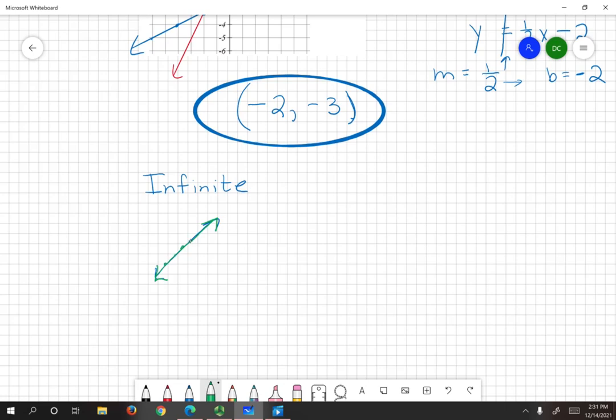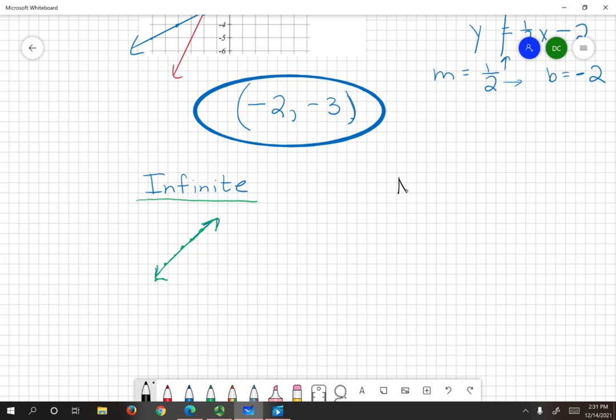Remember, a solution for a system of equations is what points do they have in common? Well, if the lines are on top of each other, they have an infinite number of points in common. That's why the answer is called infinite solutions.